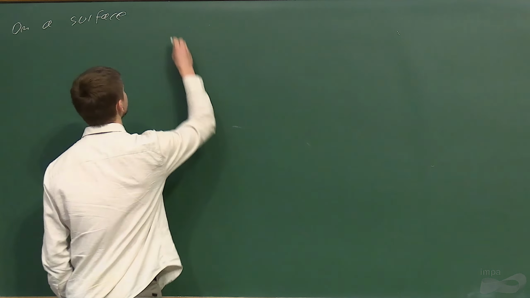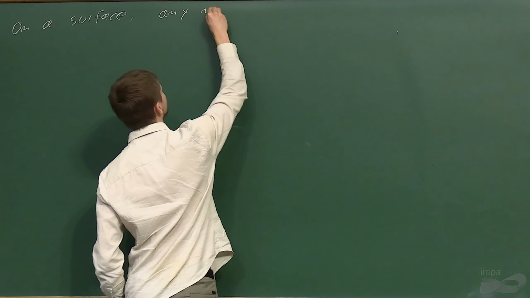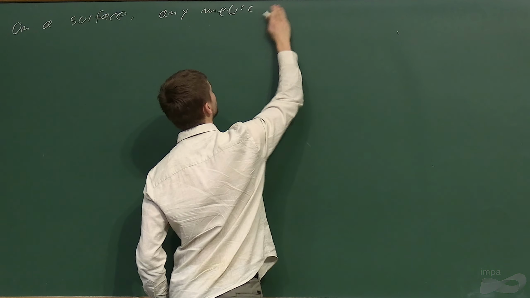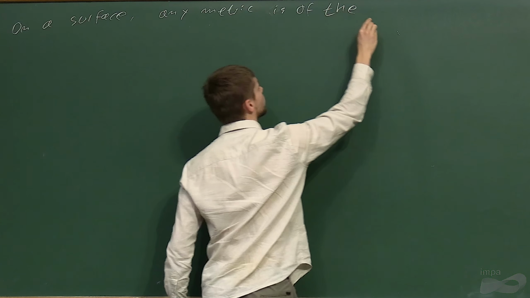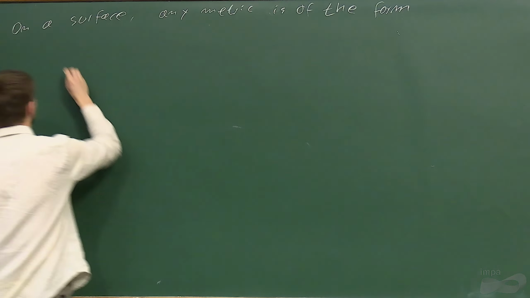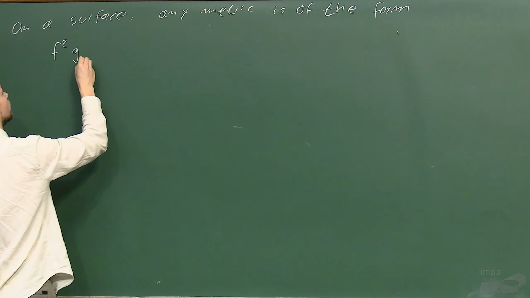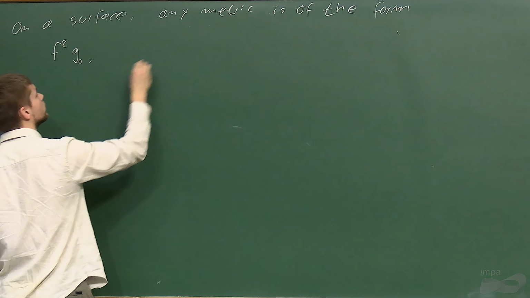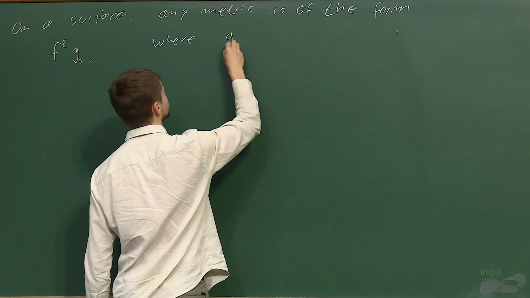So on a surface, any metric is of the form some conformal factor, some function, times a metric g0, where g0 has constant curvature.